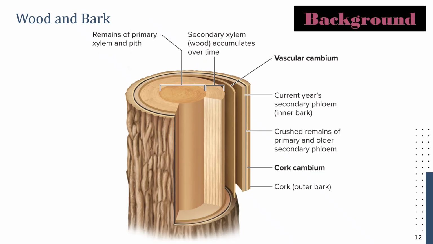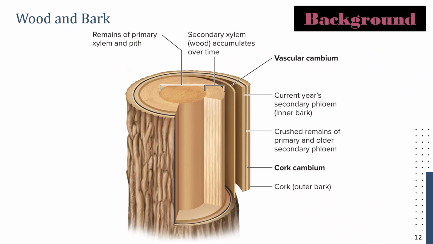The wood and bark structures of our woody plants are made up of essentially different layers of xylem and phloem. And we're not going to talk about the development here. We're not even going to talk about the differences in the functions, except that as a whole, wood provides structure and support to allow our plants to get much, much bigger.